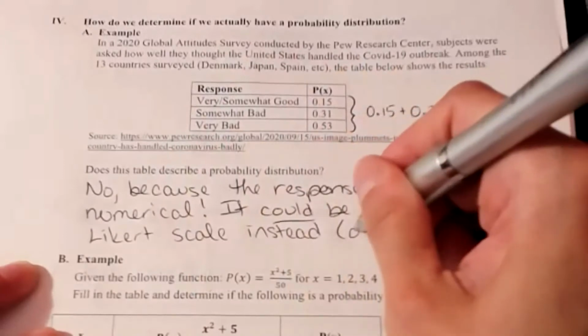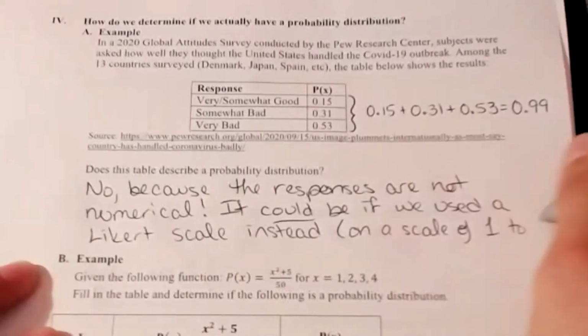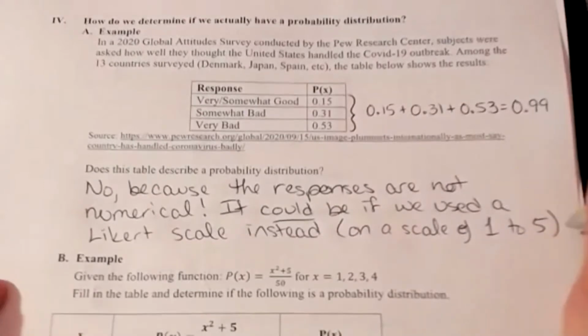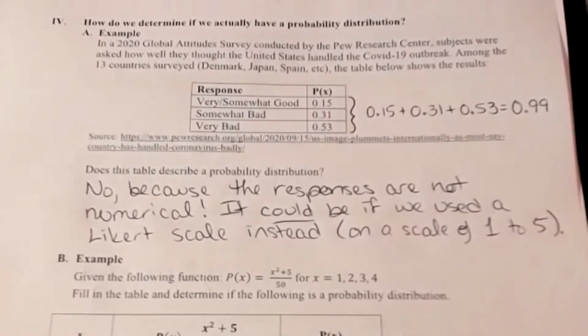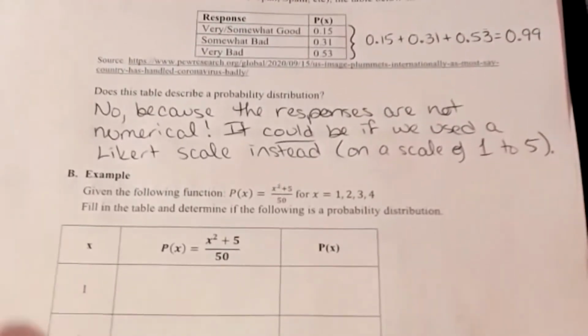So, on a scale of 1 to 5, for instance, what are your opinions of how the US handled the COVID-19 outbreak? 1 being super terrible, and then 5 being extremely awesome. I'm being very informal, but you understand what I'm saying here. Beautiful.